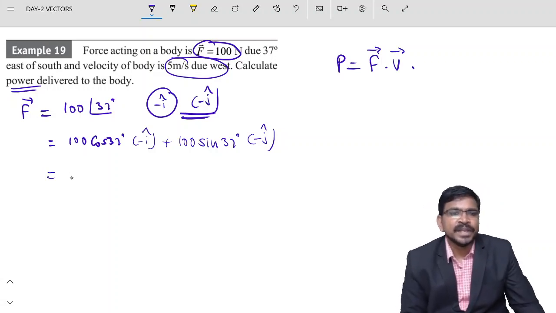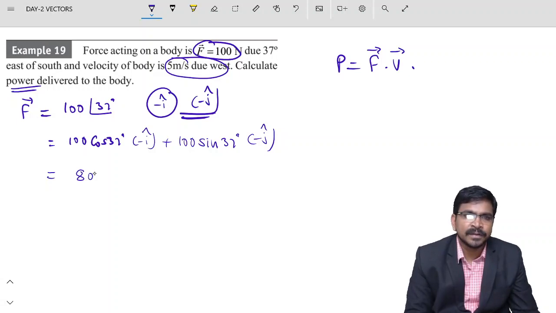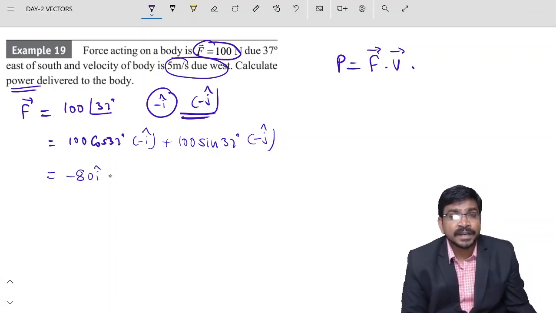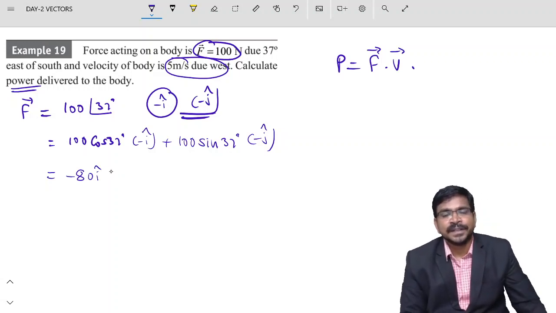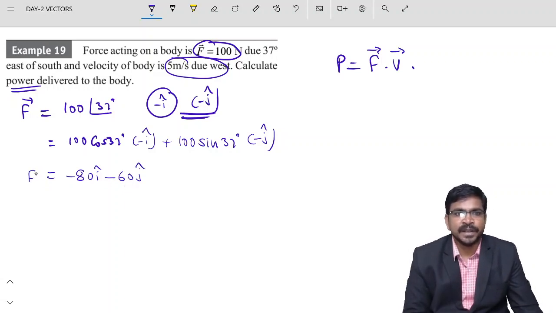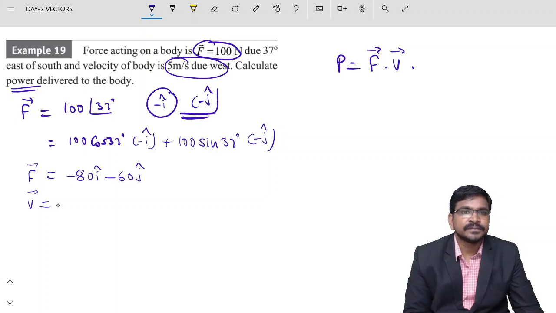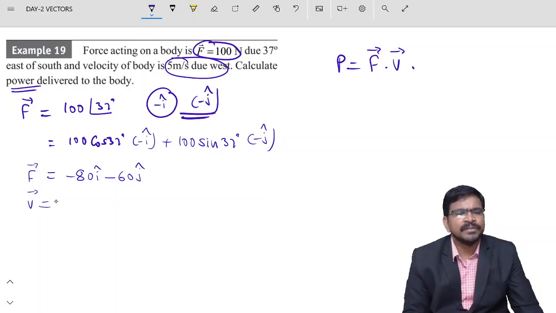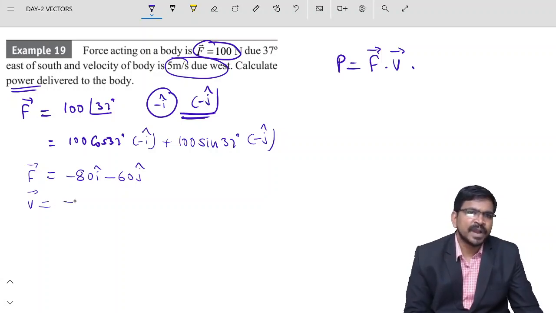4 by 5 of 100 means minus 80i. Here sin 37 means 3 by 5, so that is minus 60j. This is F. Similarly, velocity is given due west only, directly west. West means minus i. So minus 5i and no j component, plus 0j.